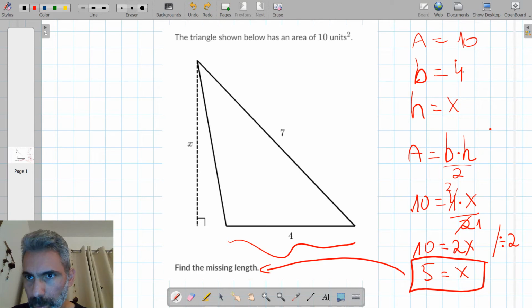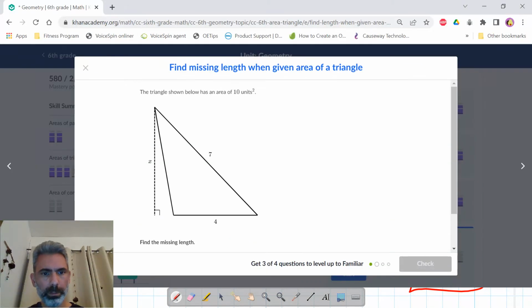So 4 times 5, 4 is the base, times 5 is the height, is 20, 20 divided by 2 is 10. So I know that the x is indeed 5, because the calculation is good. So x equals 5.